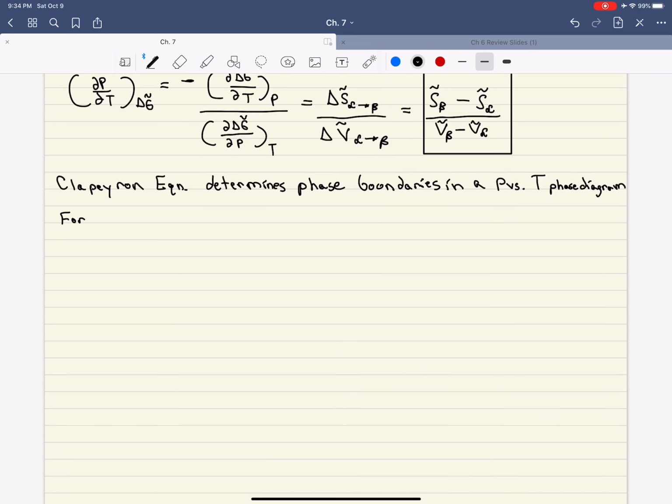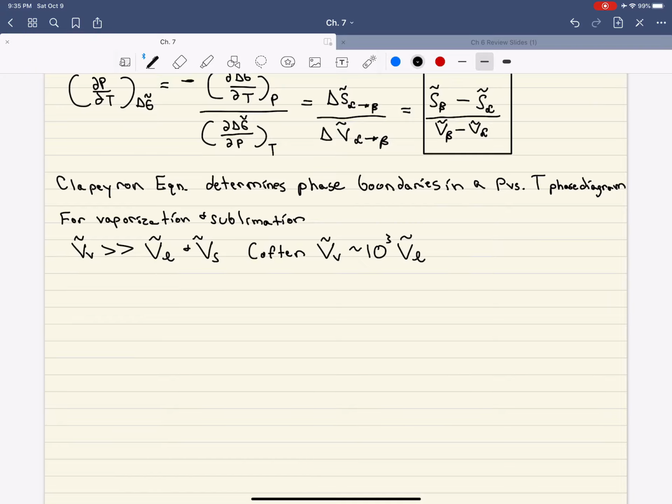When we look at vaporization, so liquid to vapor, or sublimation, so solid to vapor, the molar volume of the vapor phase is just much larger than the molar volume of the liquid or the solid phases. And often, when you look at different chemicals, the molar volume of the vapor phase is about 1,000 times larger, or 3 orders of magnitude larger, than the molar volume of the liquid phase.